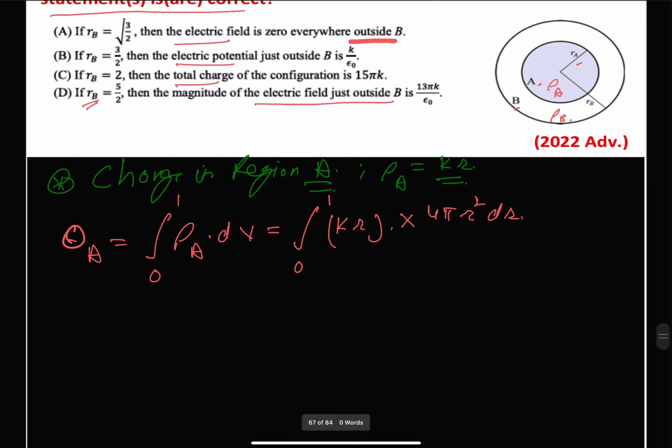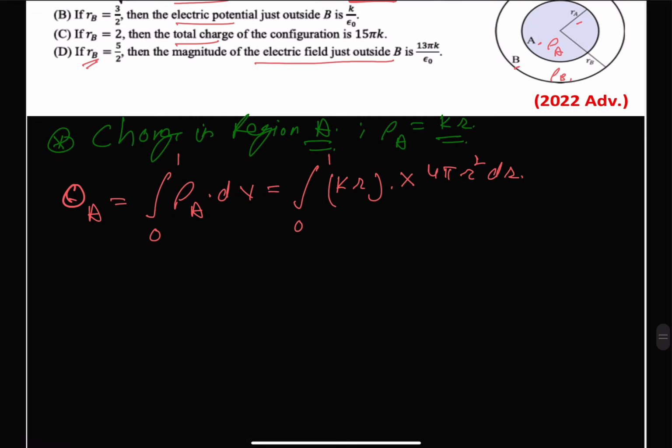We can take common, we get this as 4 pi k, 0 to 1, and we have this r square dr. This will be coming as r cube by 3. One second. Yeah, kr, sorry, my mistake.